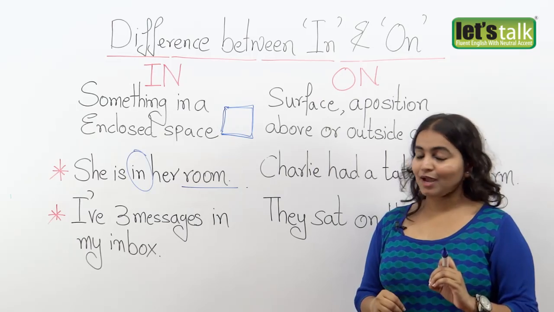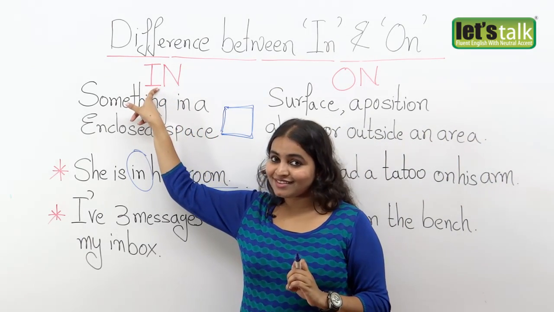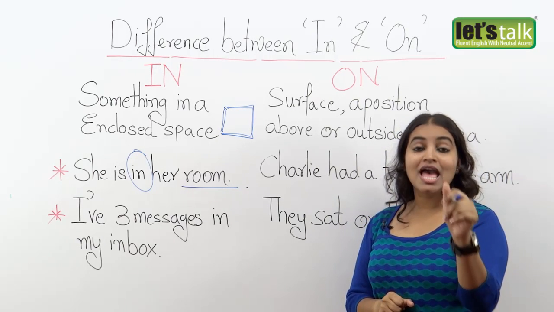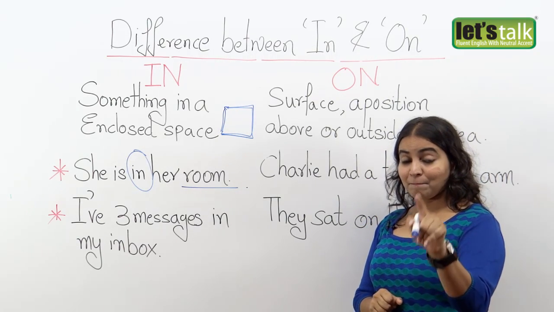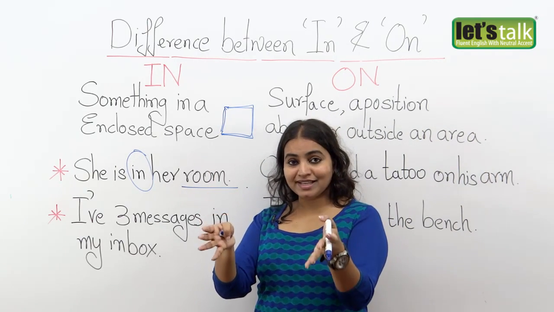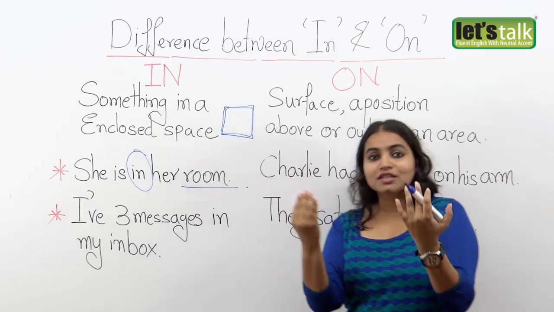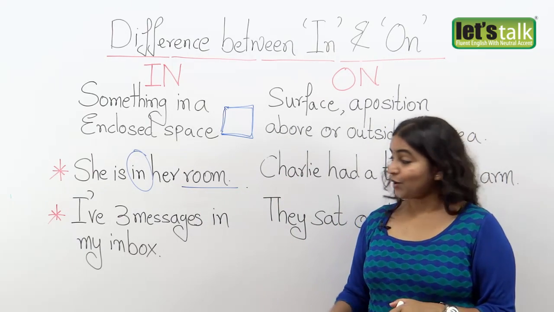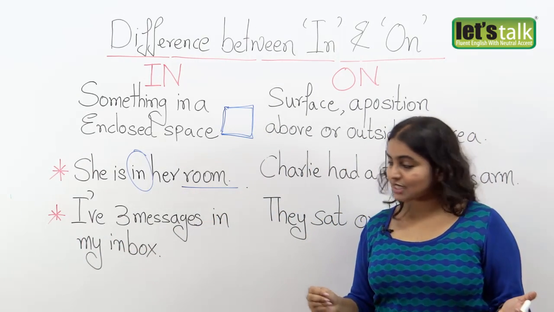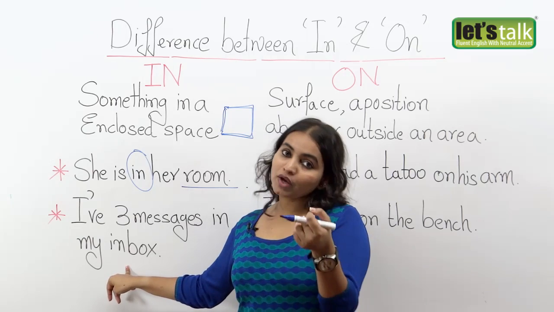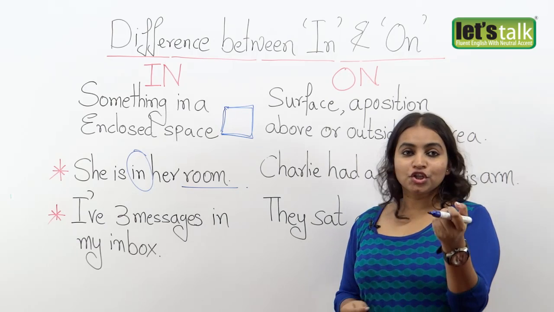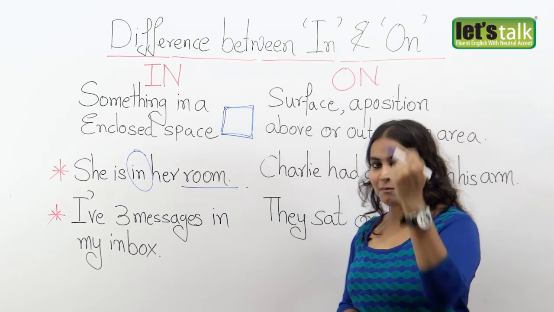But the good thing about using the preposition in is the fact that you can also use in if I'm talking about an enclosed space which is virtual, or a space enclosed by virtual limitations. Let's see how. My sentence says, I have 3 new messages in my inbox. We all do a lot of texting, don't we? When you have 3 messages, you don't say, I've got 3 messages on my inbox.